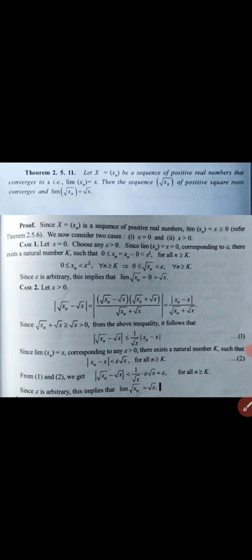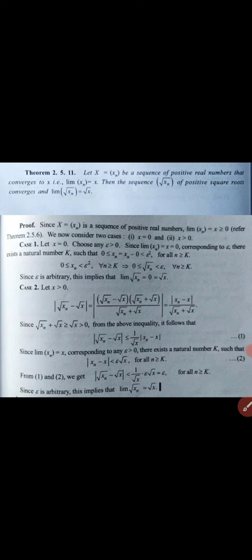First case, let x equal to 0. Choose any epsilon greater than 0. Since limit of xn is equal to x, which is equal to 0, corresponding to epsilon, there exists a natural number k such that 0 less than or equal to xn, which is equal to xn minus 0, would be less than epsilon squared for all n greater than or equal to k.